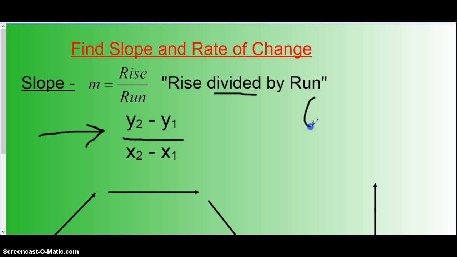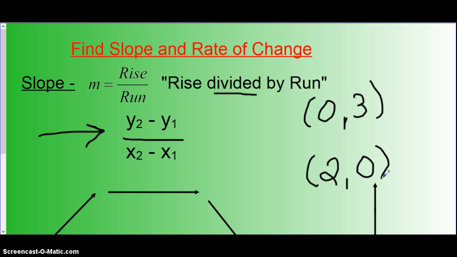So using (0, 3) and (2, 0), we could easily find the slope for that equation by taking your second y-coordinate, and we're going to call this our second coordinate just because it's listed second, and this is our first coordinate point.